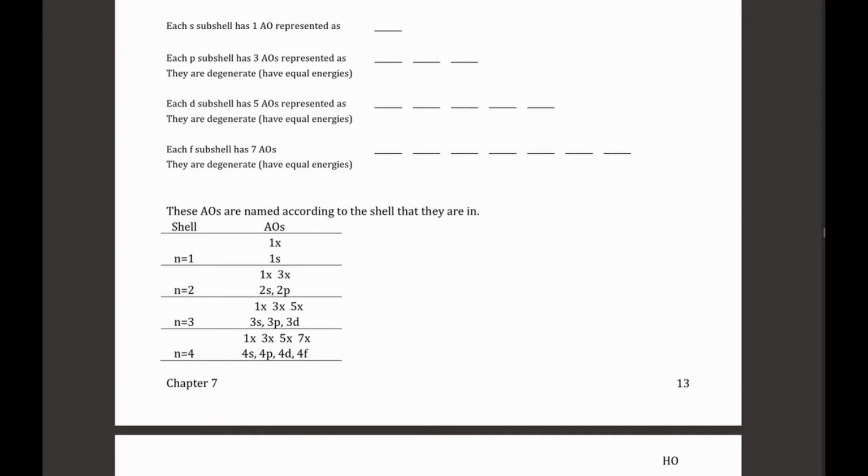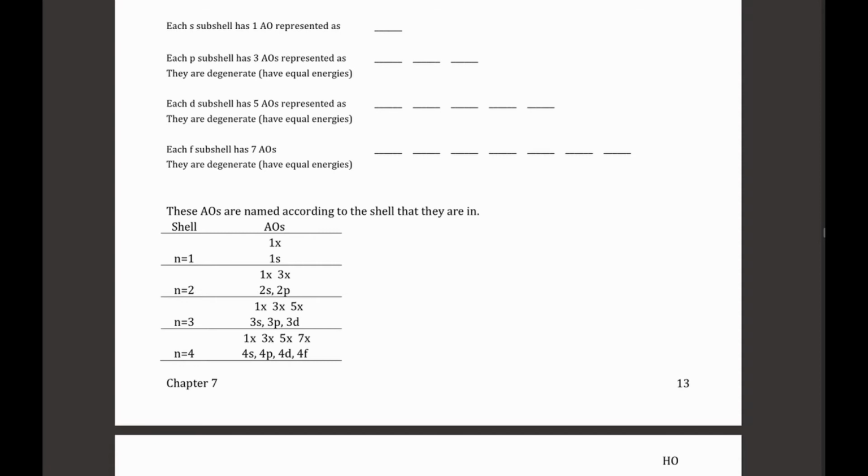In the n equals 2 shell, we have 1 2s atomic orbital and 3 2p atomic orbitals. In the n equals 3 shell, we have 1 3s atomic orbital, 3 3p atomic orbitals, and 5 3d atomic orbitals. When n is 4, we have 1 4s atomic orbital, 3 4p atomic orbitals, 5 4d atomic orbitals, 7 4f atomic orbitals.